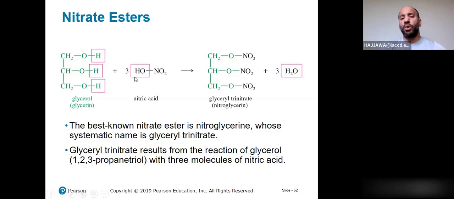So nitric acid's OH will be eliminated with H of the alcohol, and that will end up making water. So on every single OH, the oxygen will become bonded to a nitro group, that's from the nitric acid, and the same applies to other OHs. So that's just important to keep in mind how nitrate esters are made.